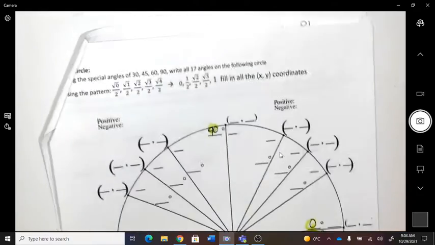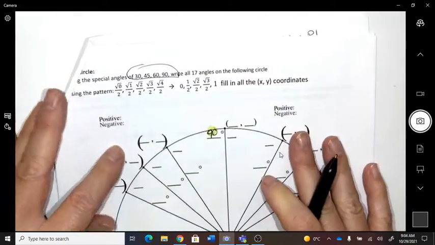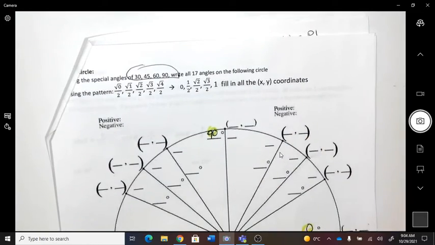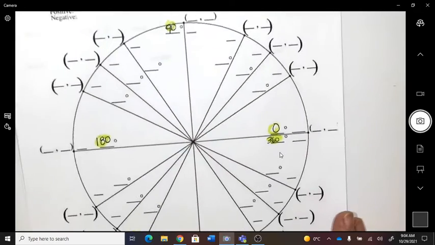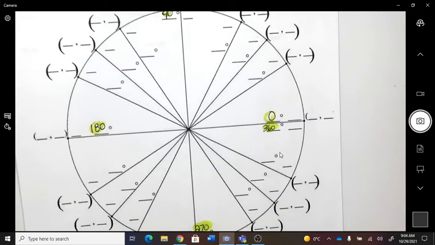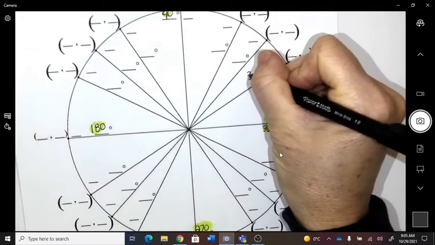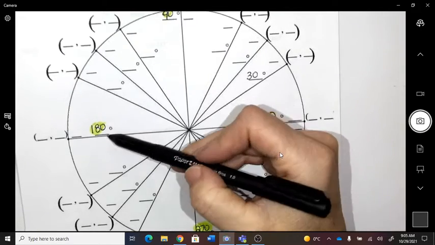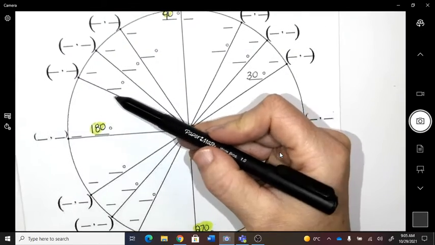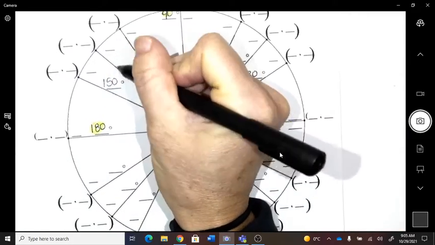Okay, now we're going to jump by these increments here. So I will put it at the top: 30, 45, 60. Okay, you ready? I'm going to go a reference of 30. So that is 30 degrees. If you go 30 degrees from 180, this is 150.